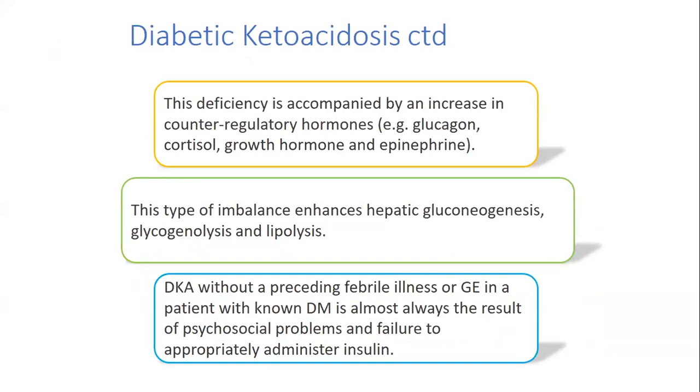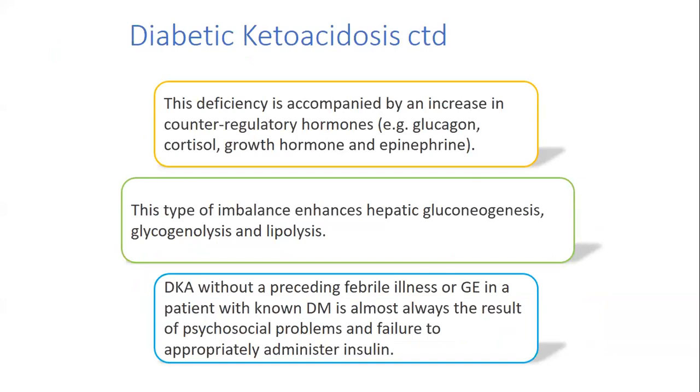This deficiency is usually accompanied by an increase in counter-regulatory hormones. The body tries to compensate by increasing glucagon, cortisol, growth hormone, and epinephrine. This imbalance will enhance hepatic gluconeogenesis, glycogenolysis, and lipolysis. I will explain further what that means.